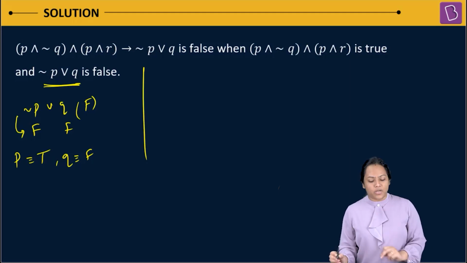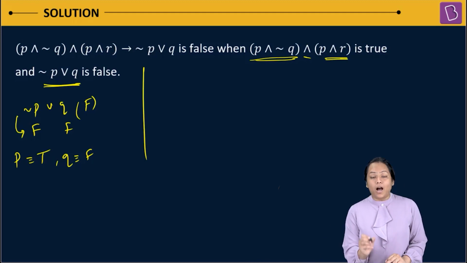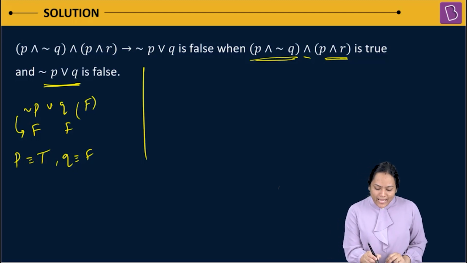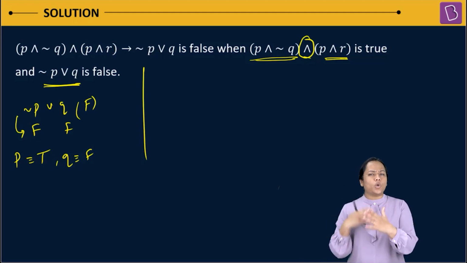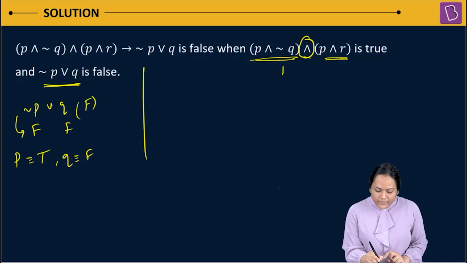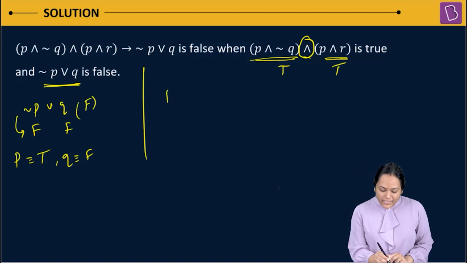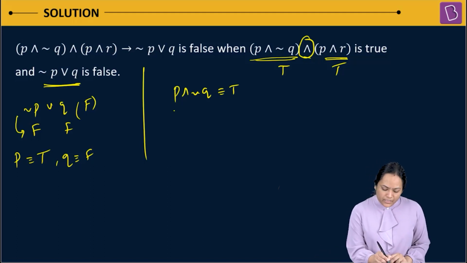How are we going to do this? We have one more condition, that P and negation Q, and P and R, has to be true. Now you tell me, when does and give me true? If we recall the truth table of and, it gives true only when both are true. P and negation Q definitely will be true, because P is true and negation Q is also true.